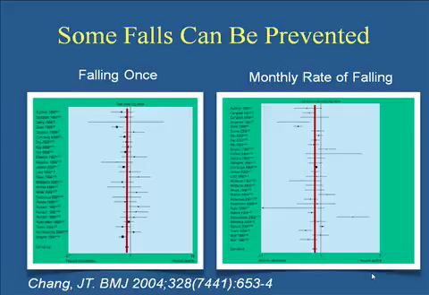But essentially what I'm trying to illustrate here is that for preventing at least one fall and for reducing the rate of falling among people who fall, there is evidence from a synthesis of the literature that falls can be prevented.